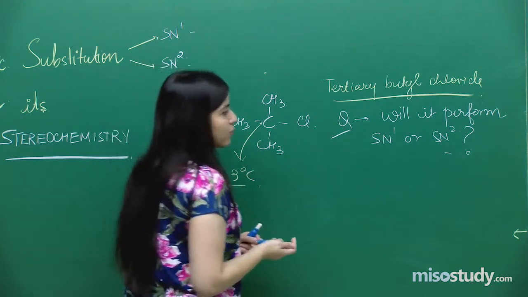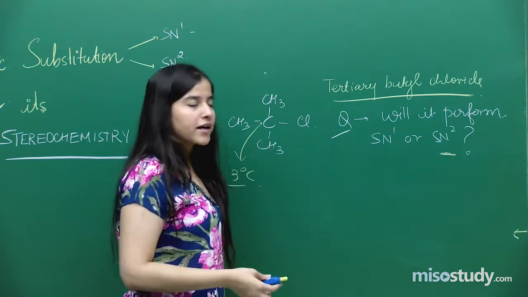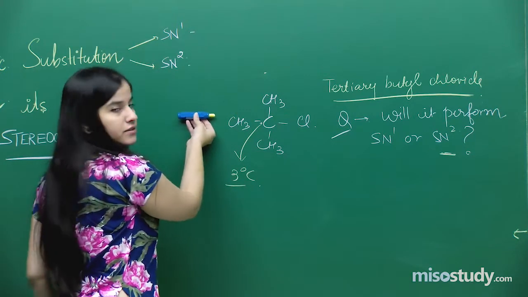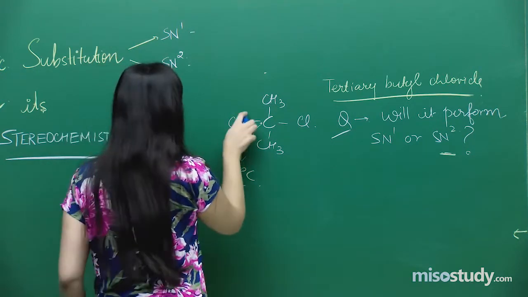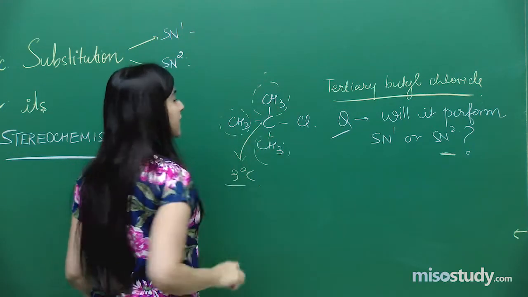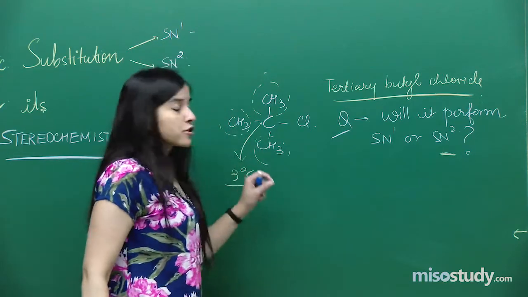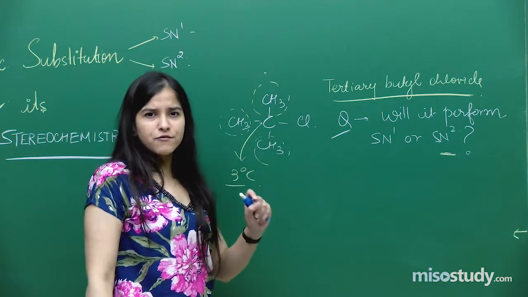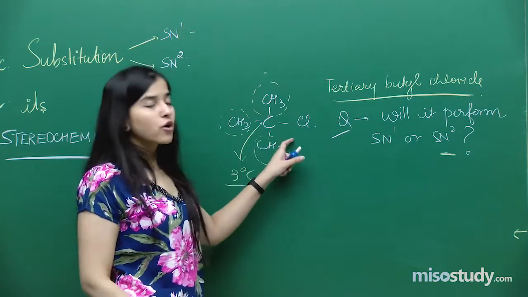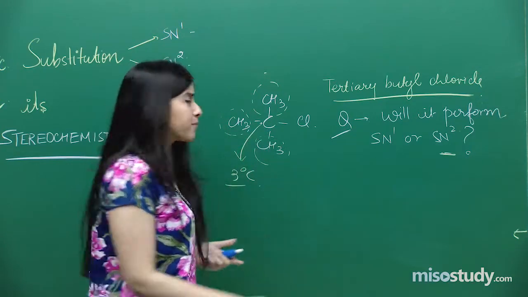So if I try to perform SN2, that means the nucleophile needs to attack from the back side, right? So here is the nucleophile coming on. What does the nucleophile observe? It observes a lot of steric hindrance, thereby making it a very less possibility, right? In fact, I can say a negligible possibility for this molecule to perform SN2 because it is not letting the nucleophile in.